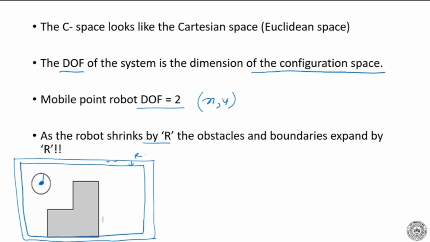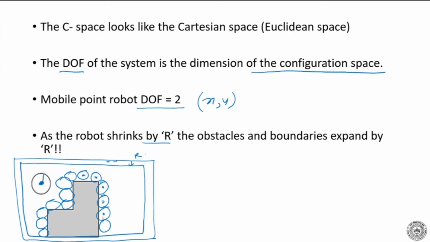Now, what about the obstacle? Well, the same logic applies. The robot can go and sit at most on these points on the boundary of the obstacle, right? It can't go inside the obstacle, because we said that hitting an obstacle basically means points of the robot have gone inside the obstacle boundary. So again the same logic applies.